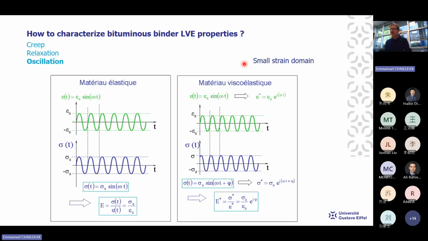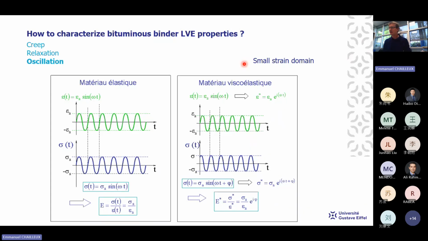It means that we need a transfer function between sinusoidal input and sinusoidal output, and to make this transfer function, we use the concept of complex modulus, which can describe this relationship between the input and the output.